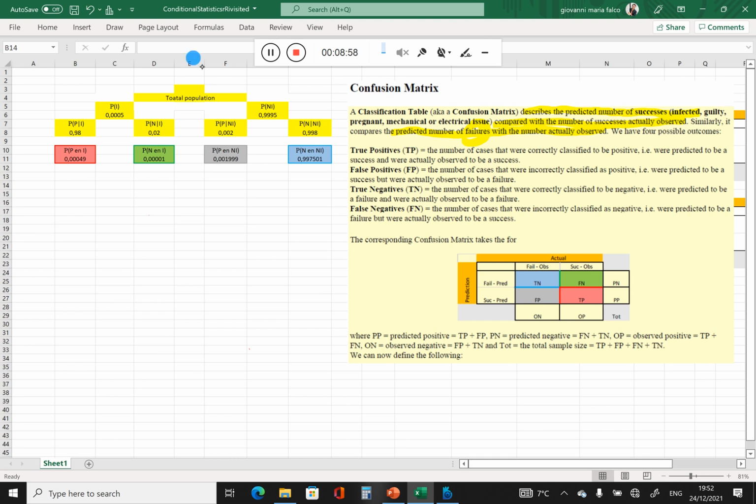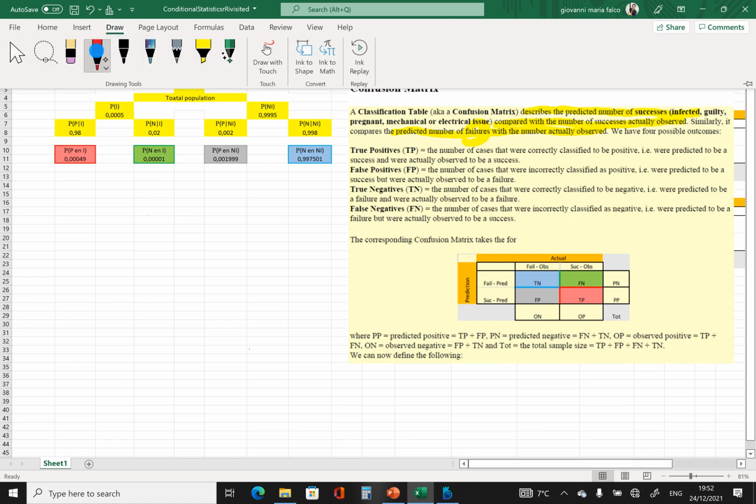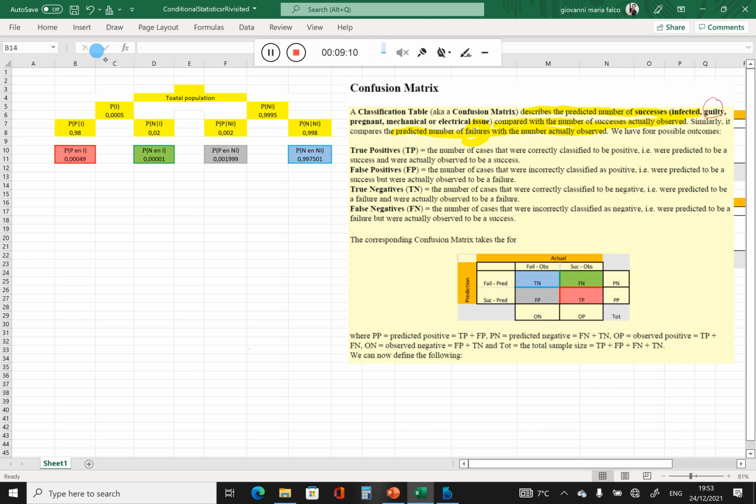And you see that in this case we are dealing with a diagnostic test, but the same basically applies if you consider, for example, in law, the case that somebody is guilty, or the case that somebody is pregnant, or more important for the students who are going to study engineering next year, in the case of MRO, where we consider success the detection of some mechanical or electrical issue or breakdown.